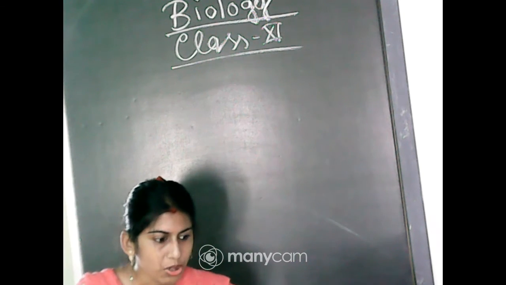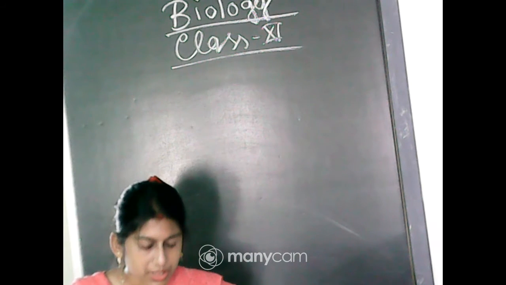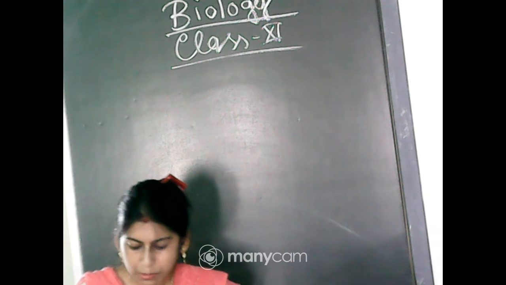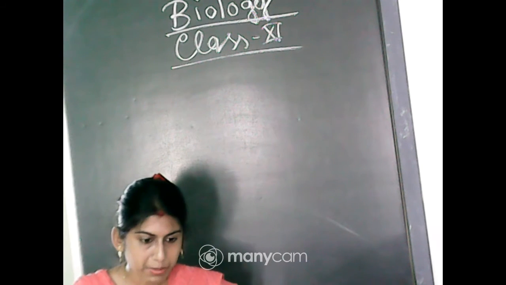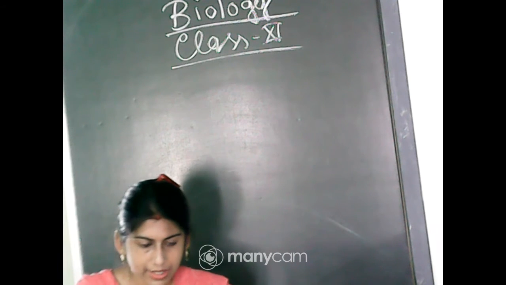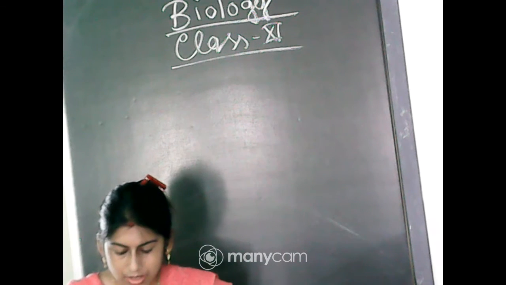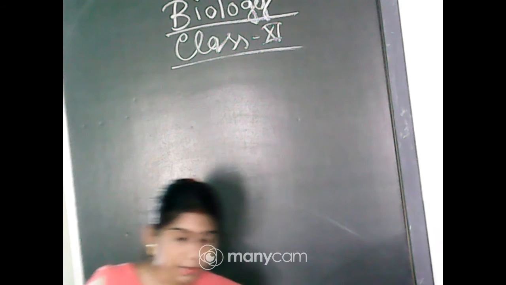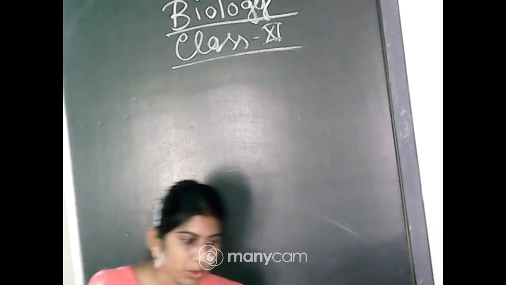Okay. So, in my previous classes, I was discussing the chapter photosynthesis in higher plants, and up to chemiosmosis I have completed. Today I will start another topic. In the light reaction we have seen that ATP and NADPH are produced.